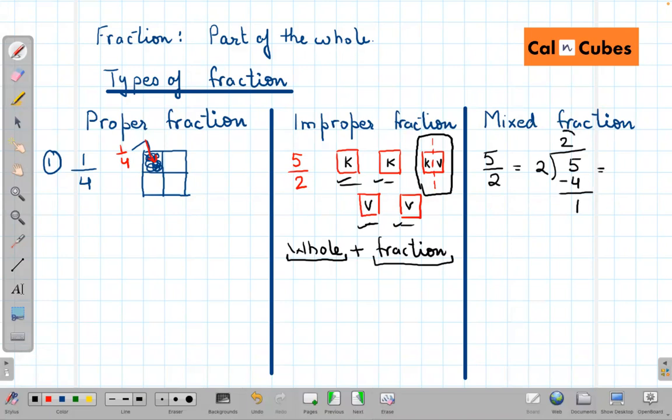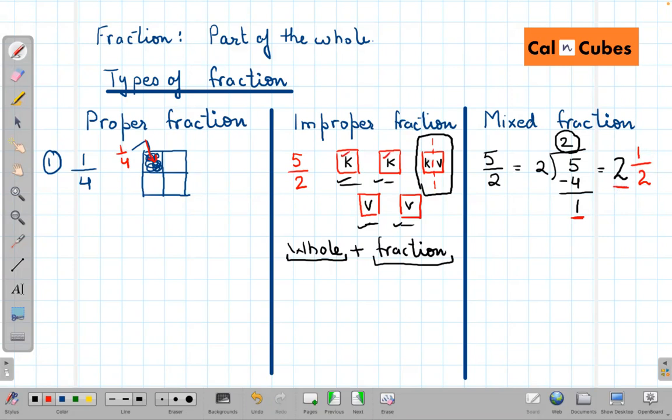So this quotient I will write in the center. I will write the 1 here above, and then 2 below. This is a mixed fraction. Mixed fraction means 2 complete whole apples Karthik is getting, and the other apple he is getting is half.